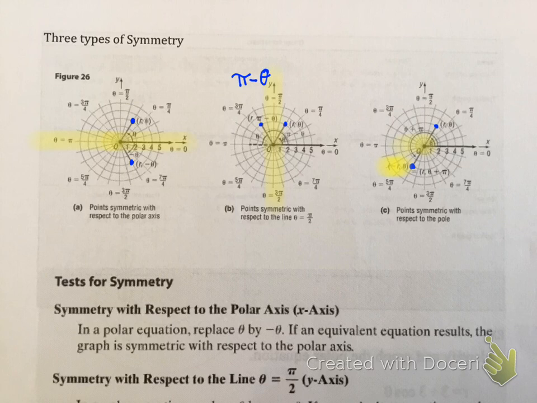Or the other option is I can call this r comma theta plus pi, because that gets me 180 degrees away from that point. Those are the three types of symmetry: points symmetrical with respect to the polar axis, points symmetrical with respect to the line theta equals pi over 2, and points symmetrical with respect to the pole itself.